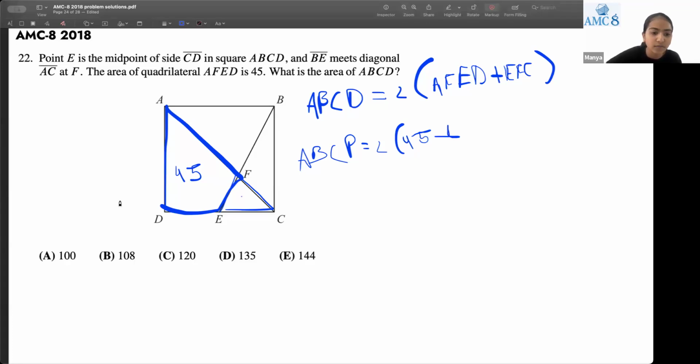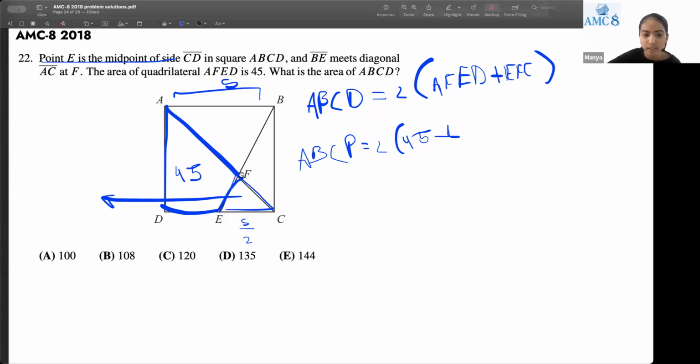They already told us that point E is the midpoint of side CD. So this whole side is equal to S, and since it's a square, all side lengths are equal, so this will be equal to S by 2, and this is also S by 2.